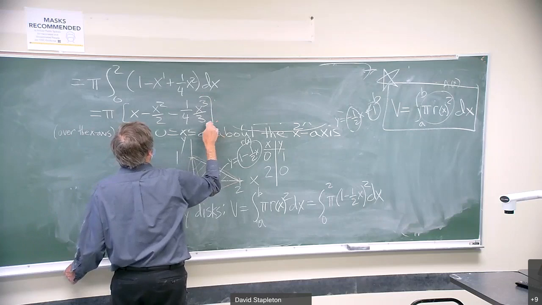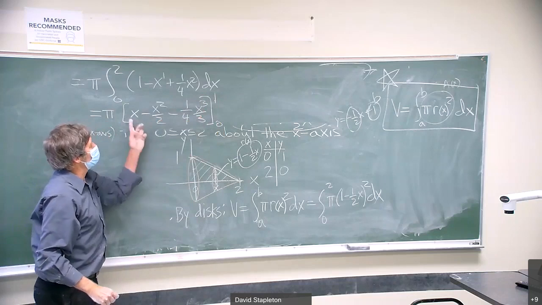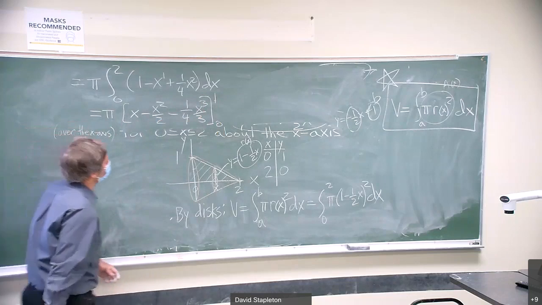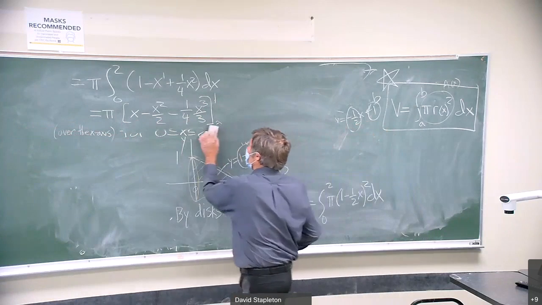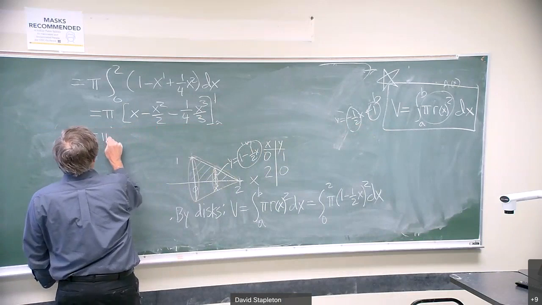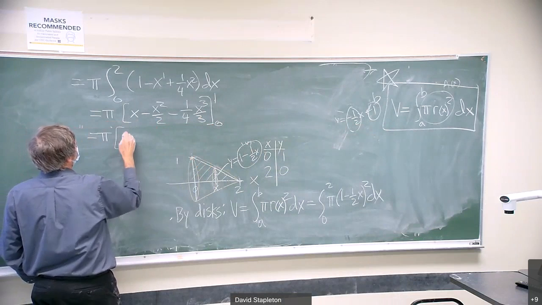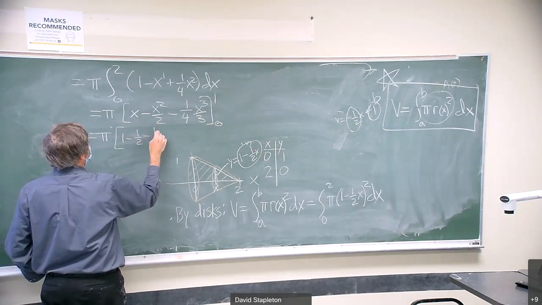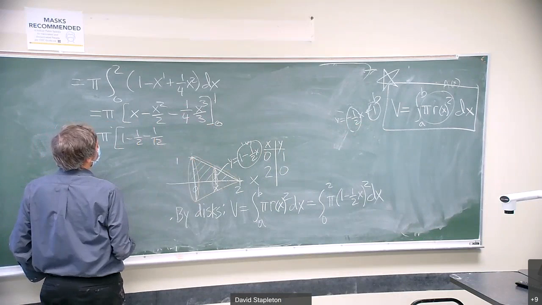We're going to plug in 0 and 2 and take the difference. You put a bar here, or you can put brackets; both ways work. Plug in the top, plug in the bottom, and subtract. If I put in 1, of course I pick easy numbers to plug in, I get pi times 1 minus a half minus 1 over 4 times 3.